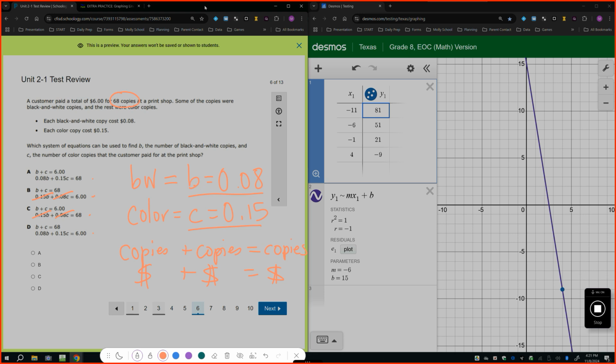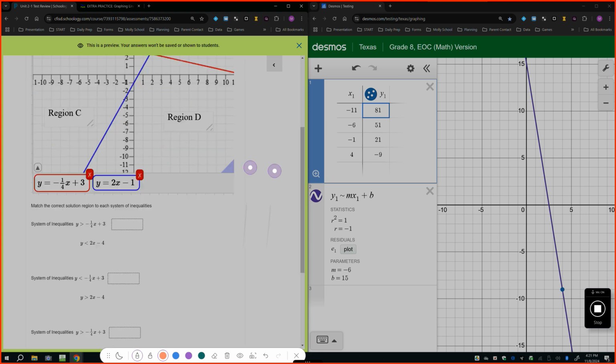So my black copies and my color copies should equal 68. Here they don't. I have 8 cents and 15 cents. It should add up to $6, and here it does. D is the answer that I'm looking for. When I add 2 things together, they have to be the same thing. Okay? Alrighty. Like I said, we're going to skip number 7.